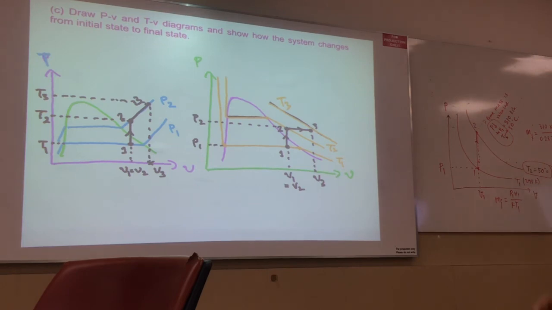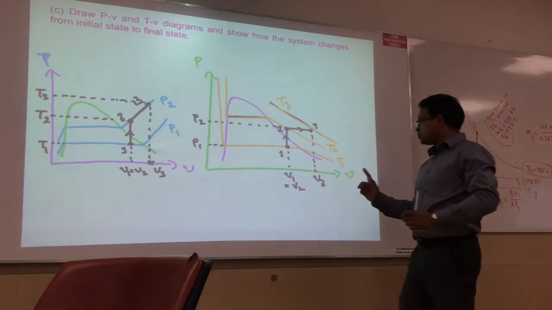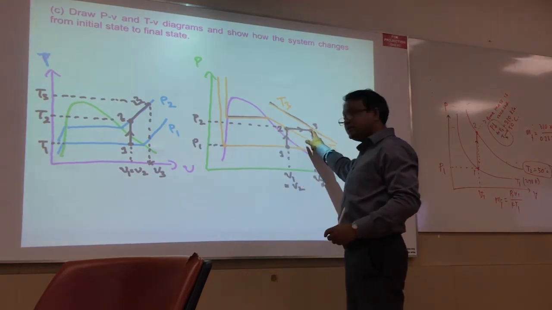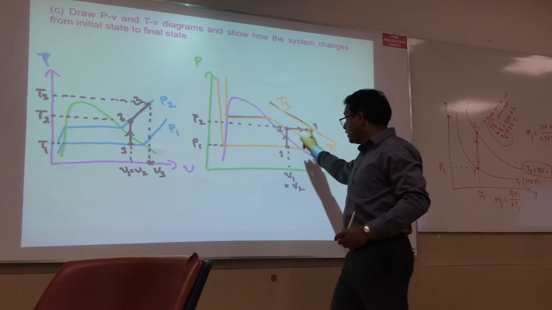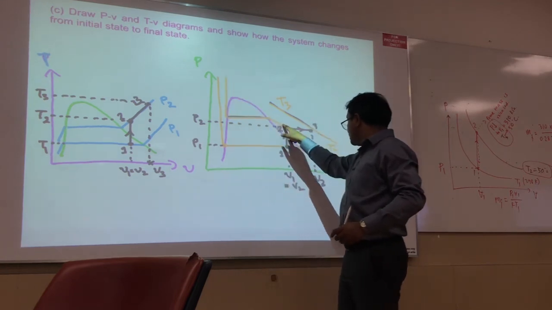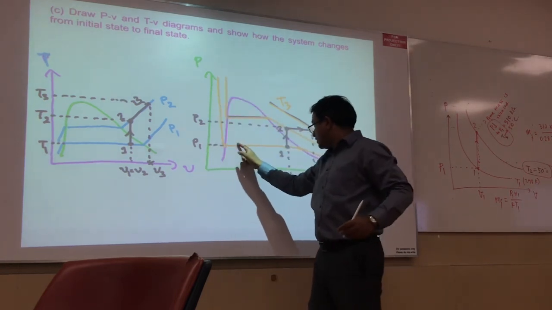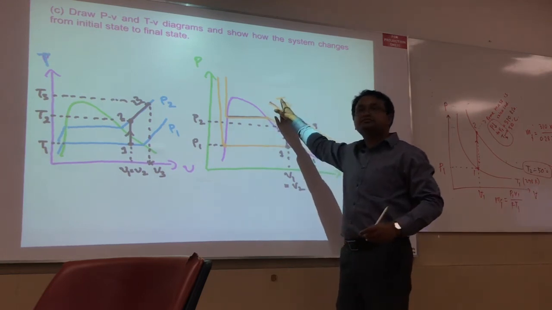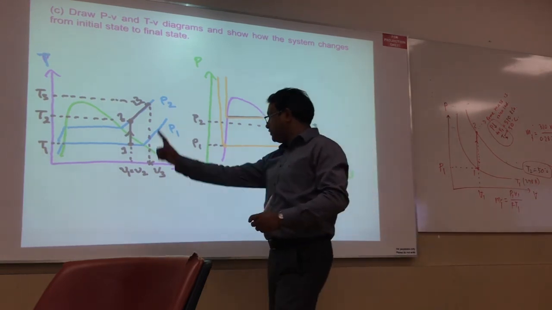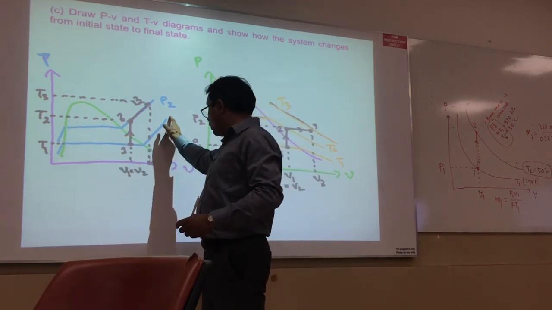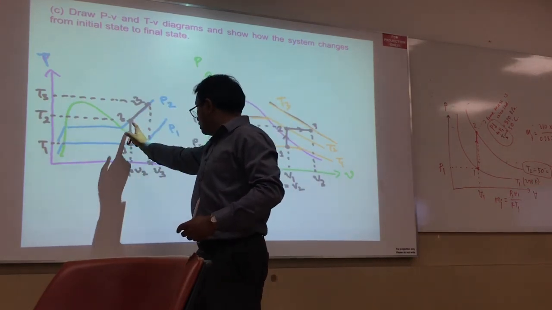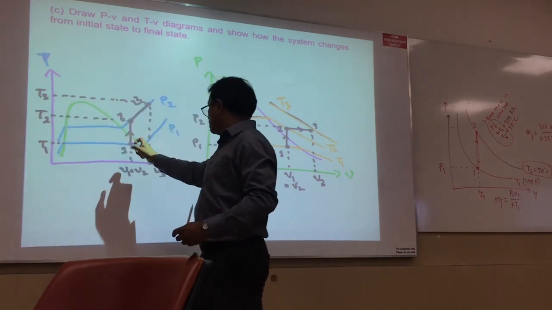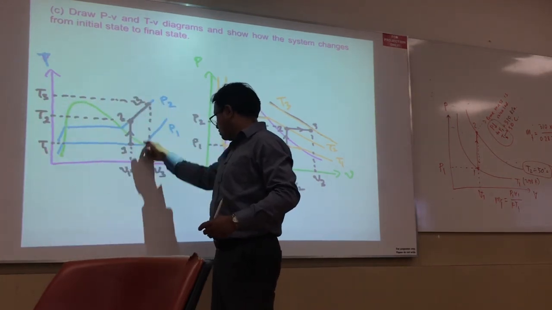Okay, this is the way you have to draw. 1 to 2 is a constant volume process, 2 to 3 is a constant pressure process. This line indicates temperature T1, and this indicates temperature T2. Similarly, on the TV diagram, P1, this point P2, T1 and T3, right? State 1, state 2, state 3.